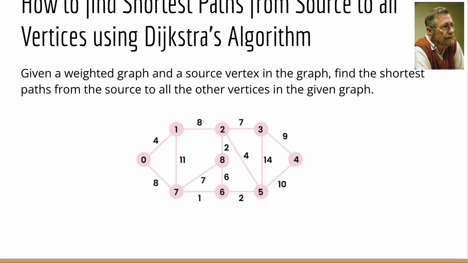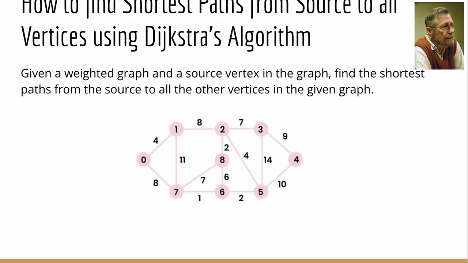Now we're going to look at a problem which I'm pretty sure most people have seen before: finding the shortest path from a source to all vertices using his algorithm. This type of problem usually starts with a weighted graph and a source vertex in the graph. As you can see from the PowerPoint, the goal is to find the shortest path from the source to all the other vertices in the given graph.